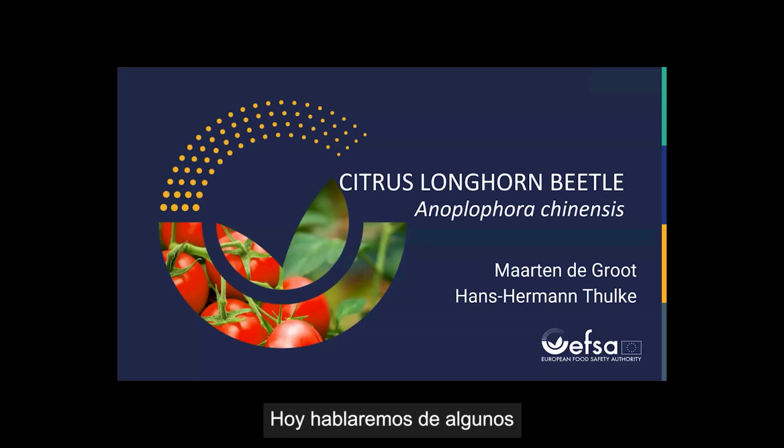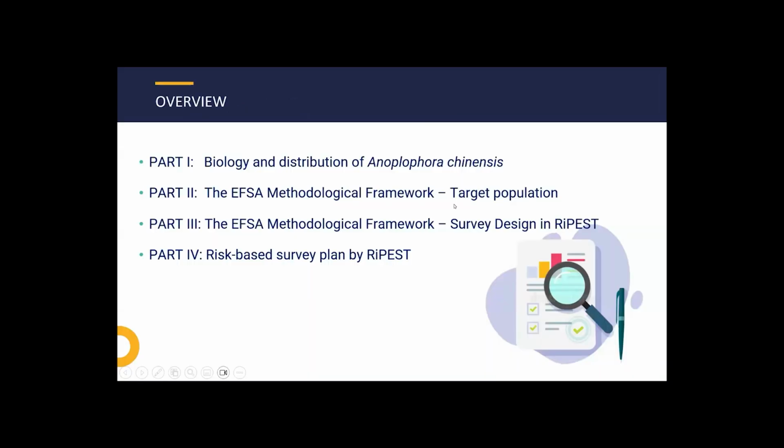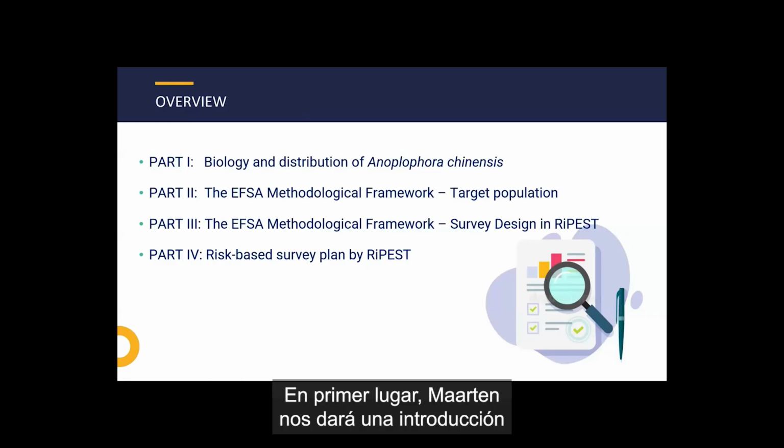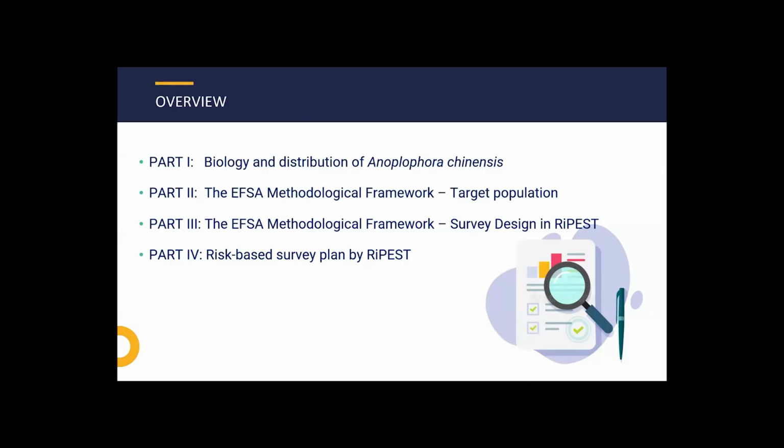Today we address a quite nicely looking insect, and we will go along this plan. So first of all, Martin will give us an introduction into the biology and the distribution of this beetle.